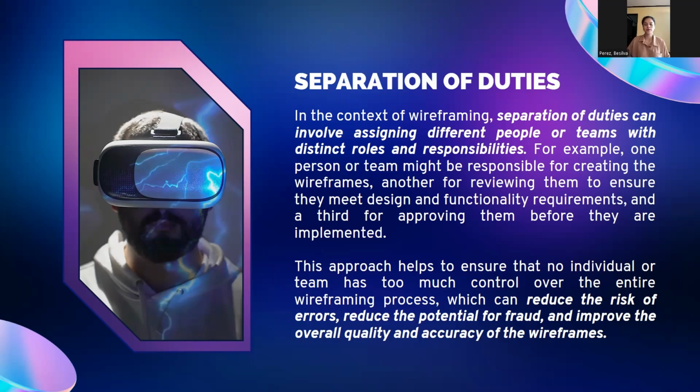This approach helps to ensure that no individual or team has too much control over the entire wireframing process, which can reduce the risk of errors, reduce the potential for fraud, and improve the overall quality and accuracy of wireframes. In this case, wireframes will help to have a better understanding of the segregation of duties, which will be presented and explained later.